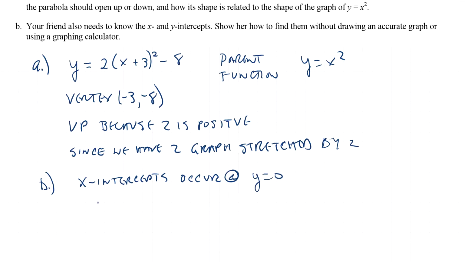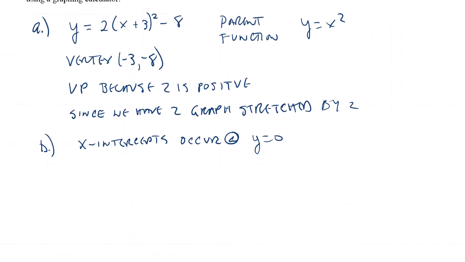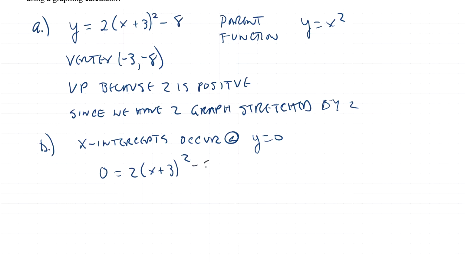So if we make y equal to 0, we get 0 equals 2 times x plus 3 squared minus 8. Add 8 to the other side and we get 2 times x plus 3 squared. Divide by 2 and we get 4 equals x plus 3 squared.